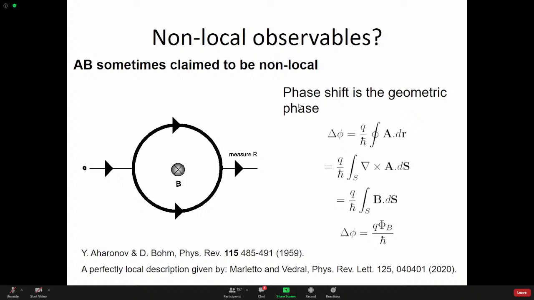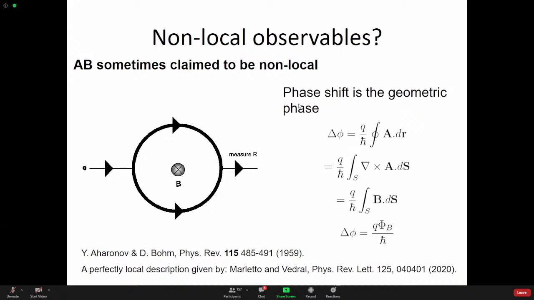And even there, you will frequently hear that this phase, the AB phase, is non-local. And in fact, if you treat this with quantum field theory, what I'm saying is that this is as local as anything else. So I just wanted to clear up this misconception that quantum mechanics is non-local in the standard, in the Einstein sense of the word.